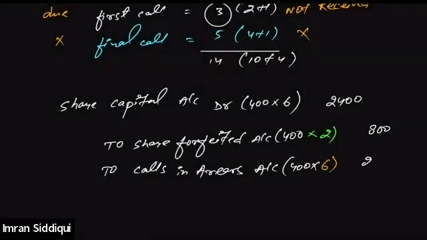All right, so this will be 2400. Calls in arrears will include premium. On any installment, if premium is due, we need to record that. And on an installment on which we have already received premium, that amount need not be shown.